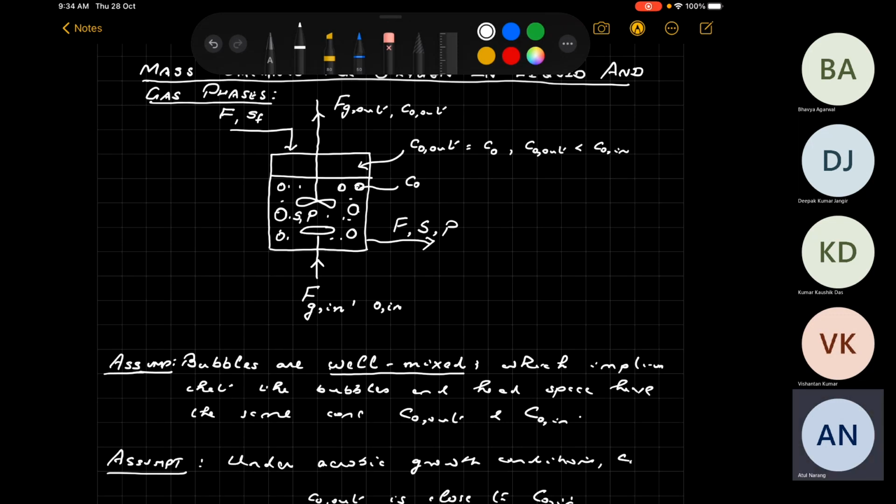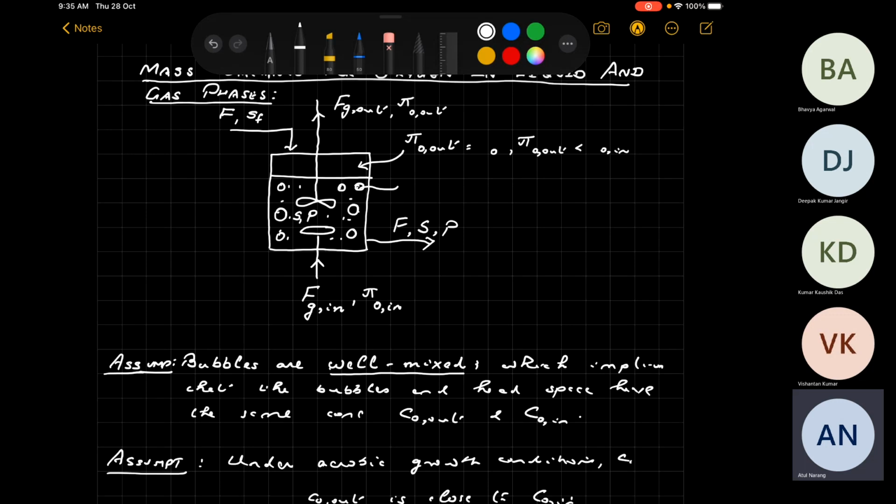So a slight notational change. I think it's better to show partial pressures. So wherever I wrote a C, I'm replacing it by pi, which is the notation for partial pressure. And I'll explain this in a minute.